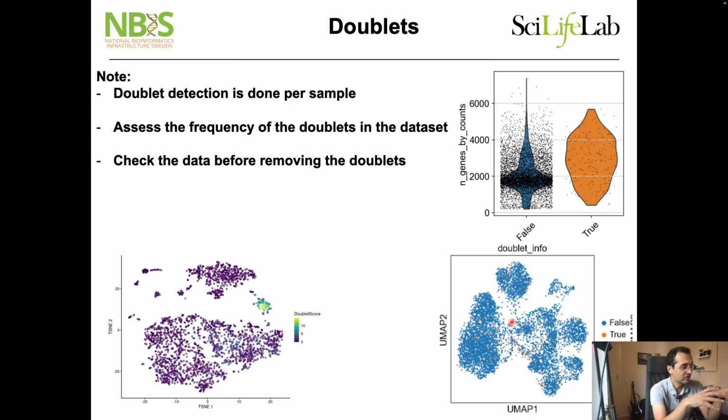To the left, you have t-SNE, and here you see a group of cells which shows a high doublet score. And you can already see that these cells, which look to be doublets, are grouping together, are clustered together. Sometimes you can also characterize this by making a comparison between these groups and the rest of the clusters or groups.